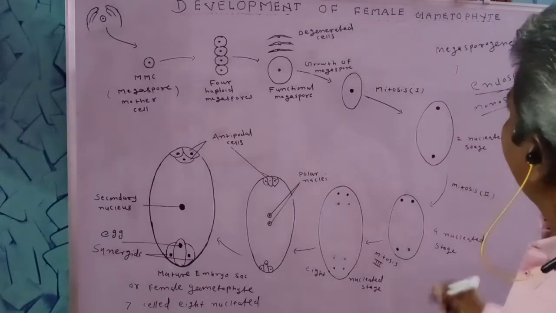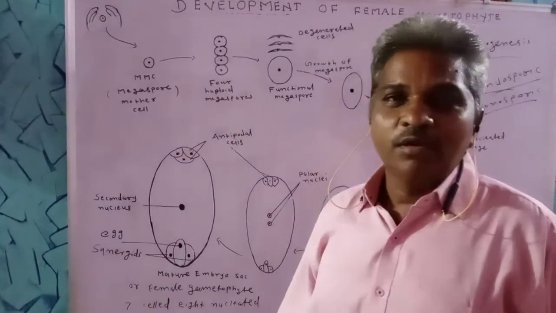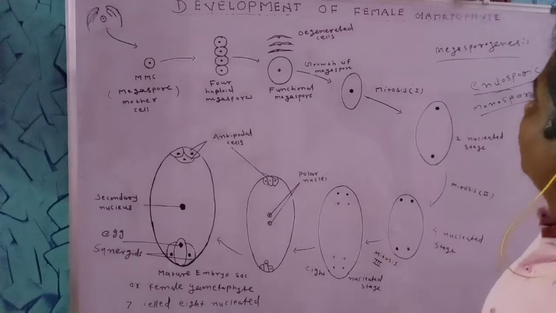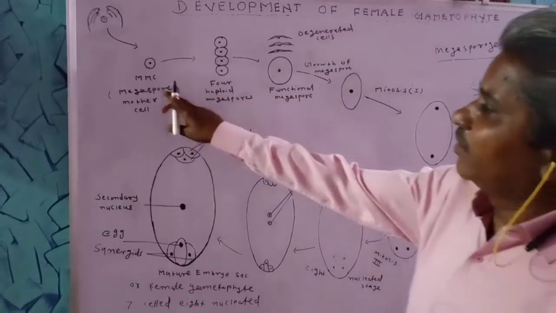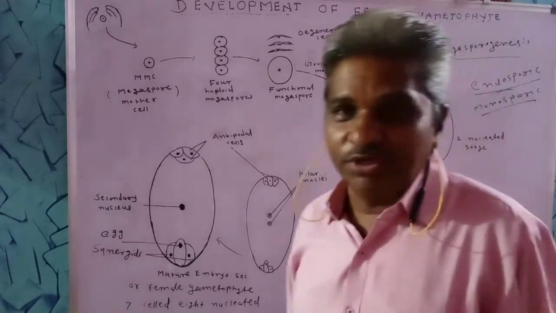So what is megasporogenesis? The process of formation of megaspores from the diploid megaspore mother cell or MMC after meiosis is called megasporogenesis.